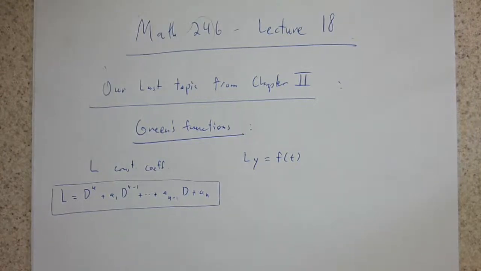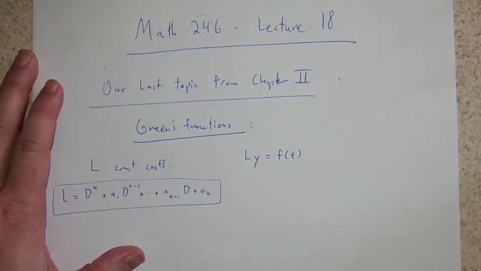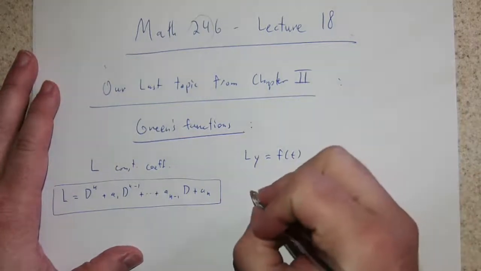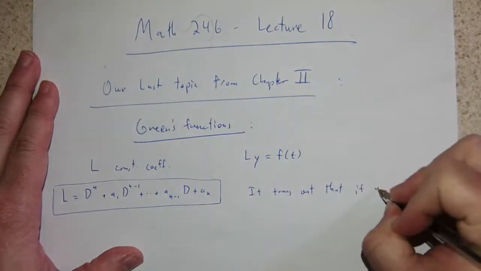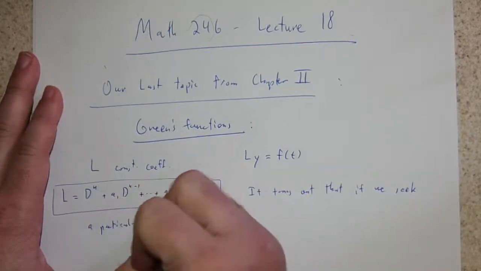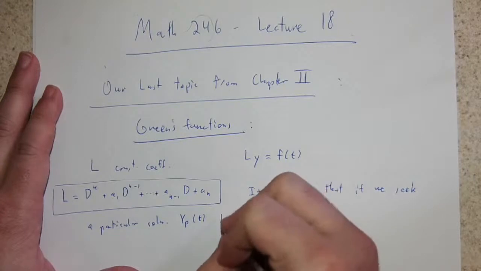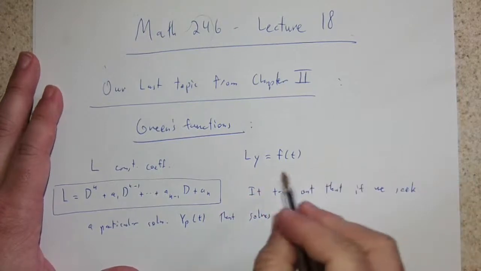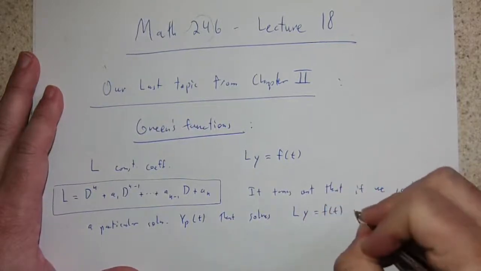It turns out that there is a particular solution that satisfies some initial conditions that we might find nice, and that is, it turns out that if we seek a particular solution, say y sub p of t, that solves the differential equation first of all, so L of y equals f of t with initial conditions.